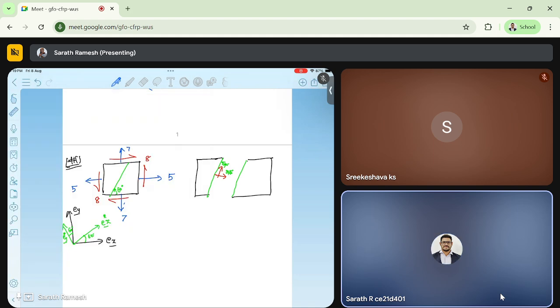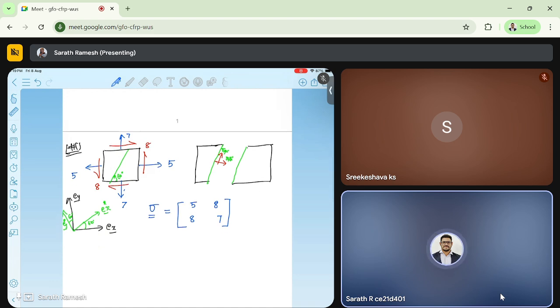Let's proceed. So first, let's write sigma in matrix form. So sigma xx is plus 5, sigma yy is 7, and sigma xy is 8, and again this is 8. Both are same, symmetric. Fine. Now what is the Q matrix for this problem?